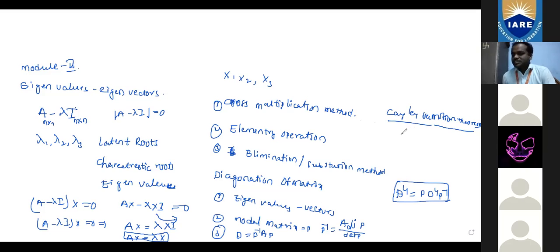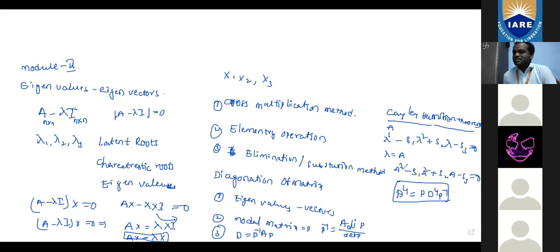So here, Cayley-Hamilton theorem with verification: for example, you can get lambda cube minus S1 into lambda square plus S2 into lambda minus S3 is equal to 0. This is the characteristic equation of the given matrix. If we put lambda equal to capital A, we have A power 3 minus S1 A square plus S2 A minus S3 is equal to 0.